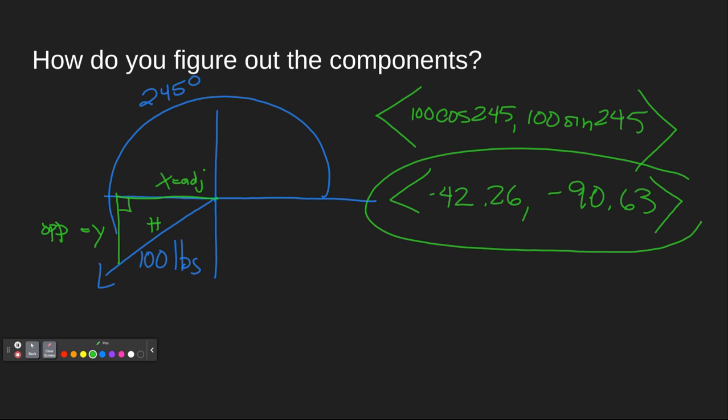And this is what you get for the decimal version of the components, which makes total sense. We're going left. There's 42 pounds of force being pulled in this direction, and then there is 90 pounds of force being pulled down. And that's figuring out the components given the magnitude and the direction.